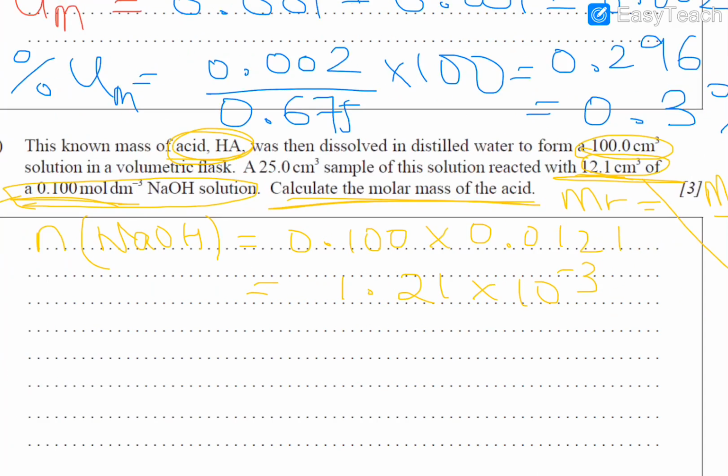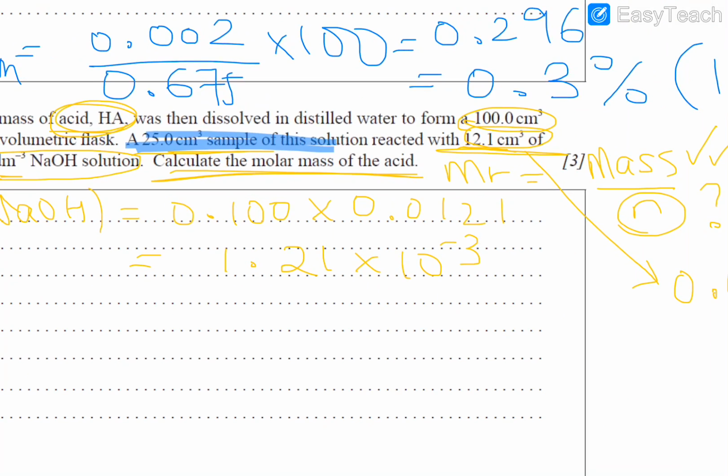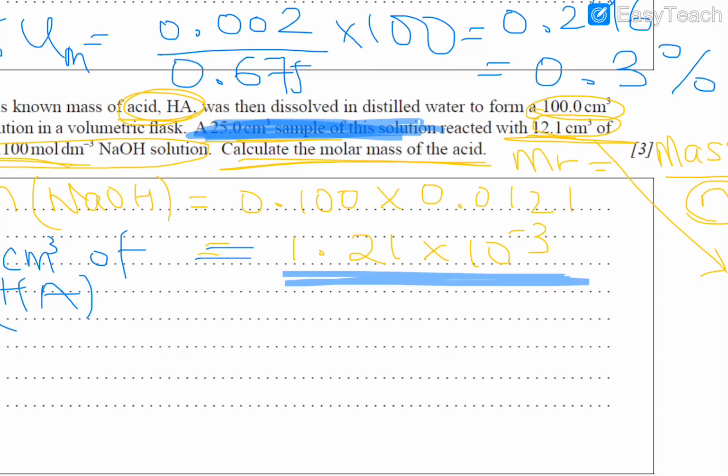That's the number of moles of alkali, which means that in that 25 centimeter cube of sample, this 25 centimeter cube contained the same number of moles because it's 1:1 ratio. So 25 centimeter cube of HA solution also contained this number of moles of the HA acid.